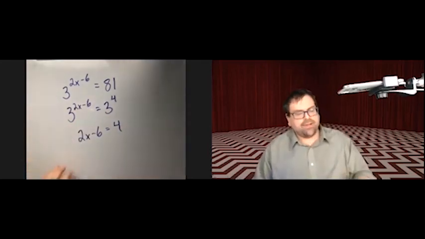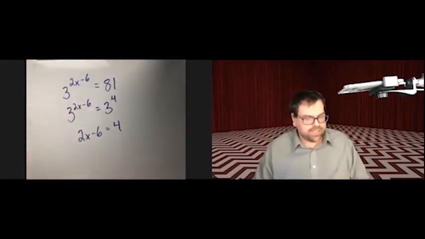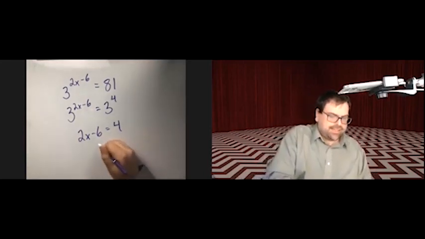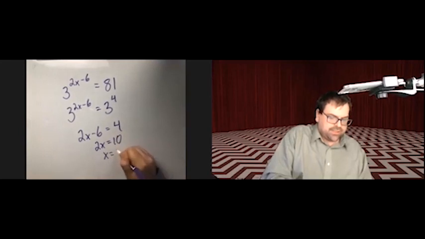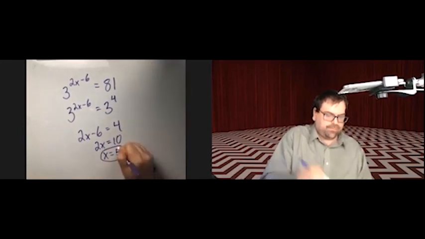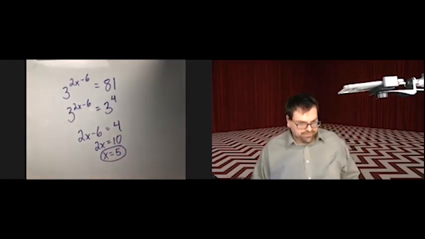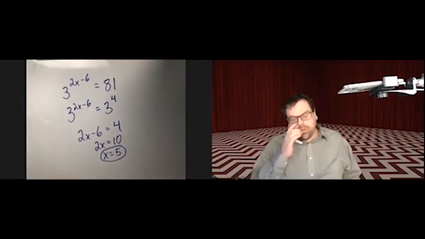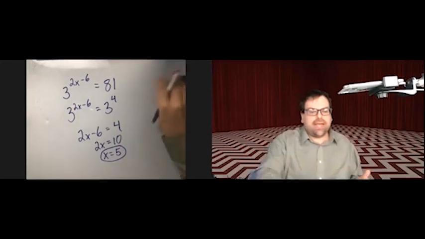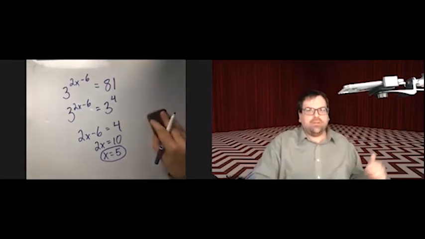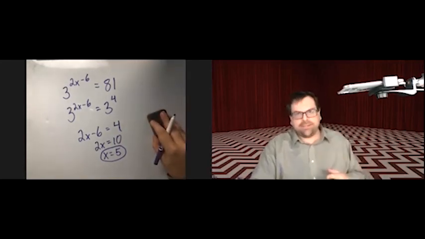I'm going to break that down in a little more detail when we're done. Add 6 to both sides. Divide both sides by 2. We get x equals 5. The reason this works is because we're allowed to take the log of any base of both sides.